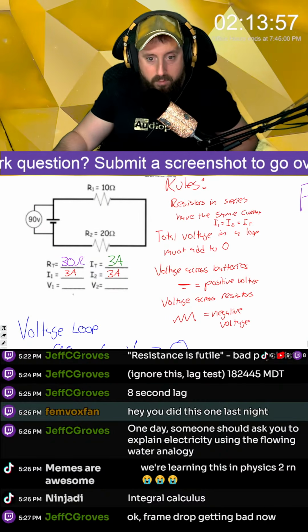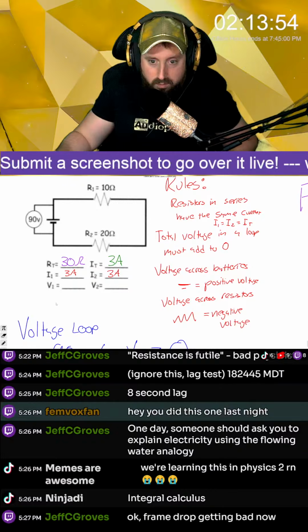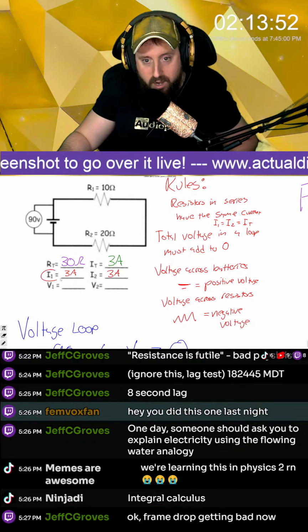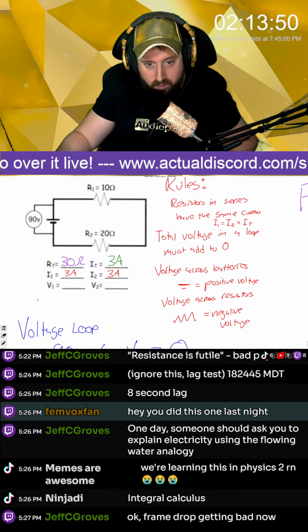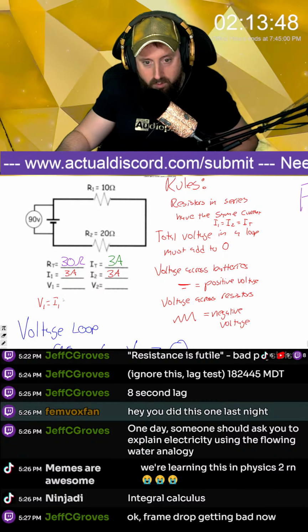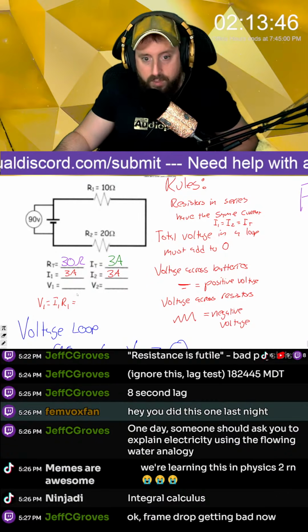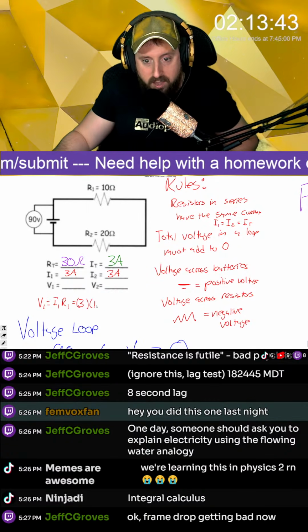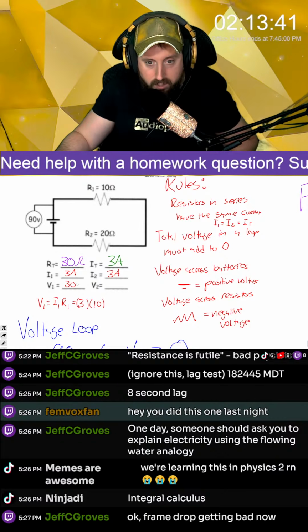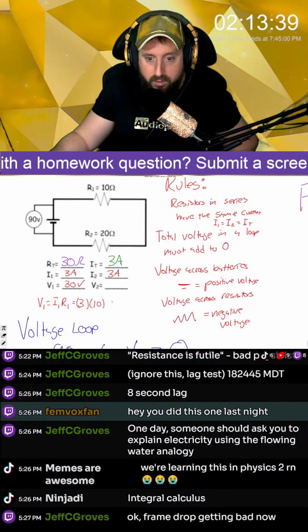Now to figure out V1, we can do V1 equals I1 R1. That's 3 times 10, which is equal to 30 volts.